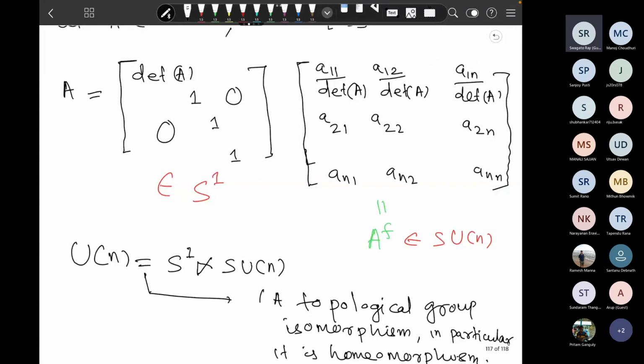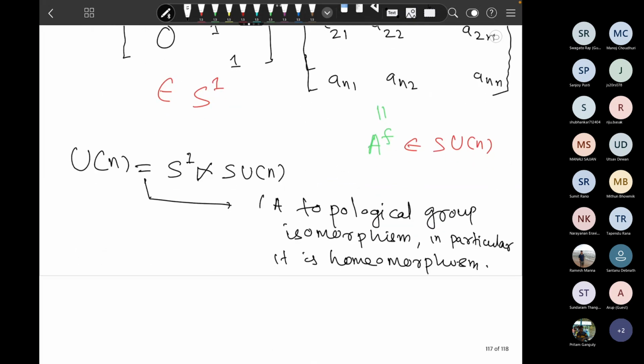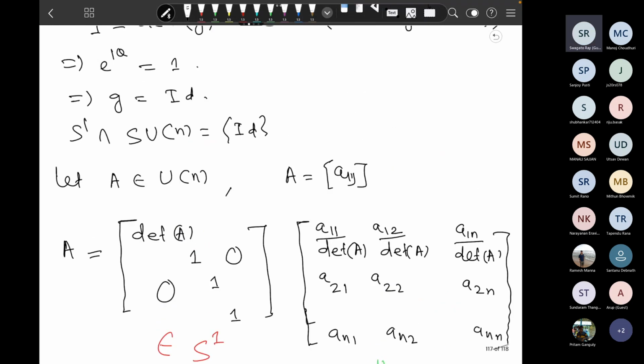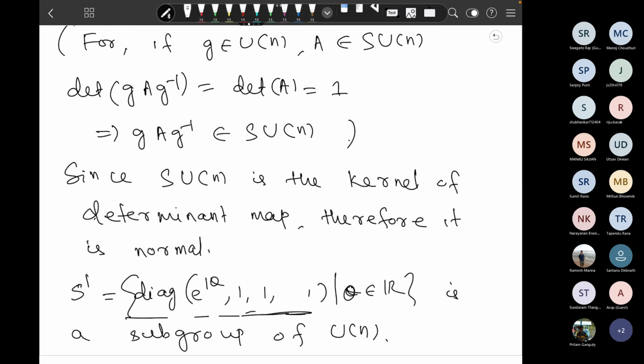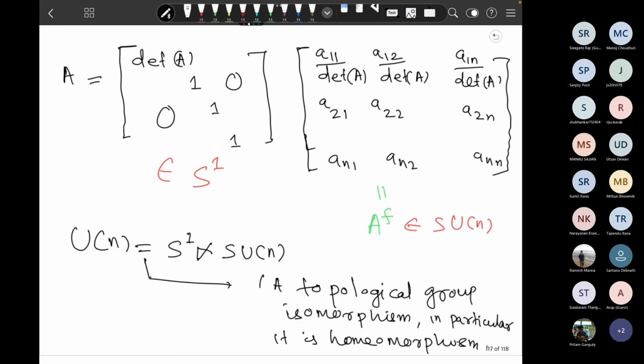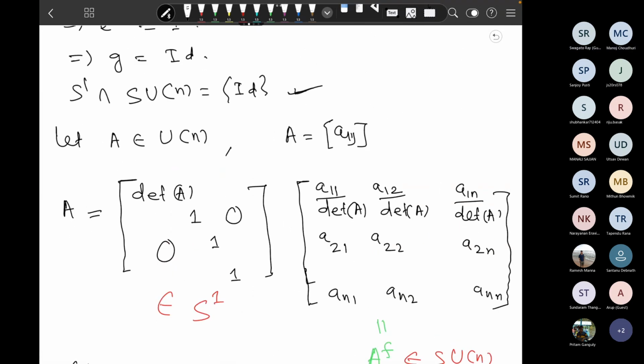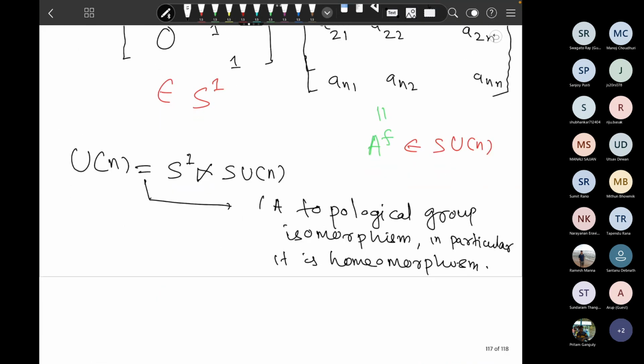What definition of semi-direct product are you using? Actually, how does one see that this is a semi-direct product? The definition: if you get this condition, S1 intersection SU(n) is identity, and these are two groups so that any element of U(n) can be written as something that belongs to S1 and something that belongs to SU(n), then you can really get this as a semi-direct product.